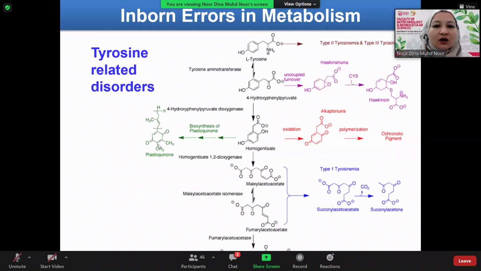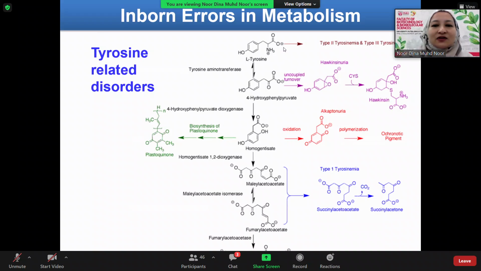And this is another disease, which is tyrosinemia. So you can see we actually have a lot of possibilities for errors or disorders in the pathway of degradation of tyrosine. Because the fate of tyrosine is that it has to be degraded into acetoacetate or fumarate, and this fumarate will enter the TCA cycle, right?